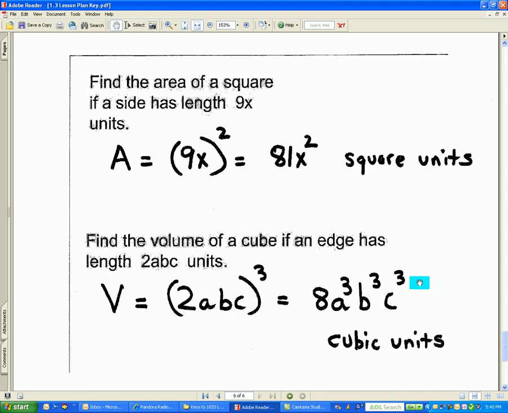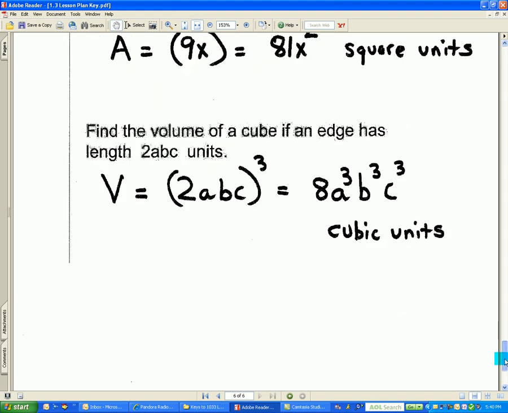On the next example, it asks us to find the volume of a cube if an edge of the cube has length 2ABC units. Remember, cubing something in math tells you to raise it to the third power. So that's a little clue here.